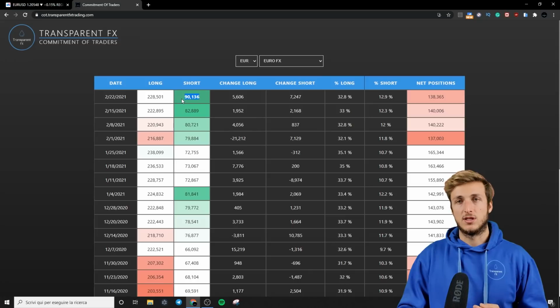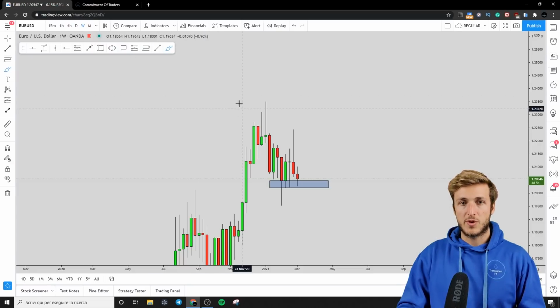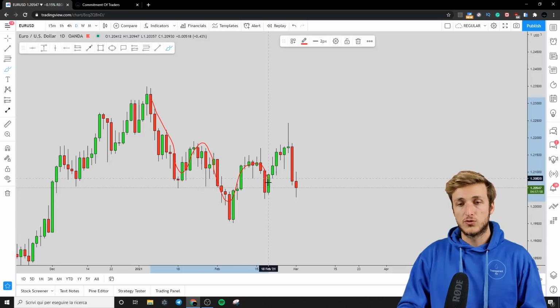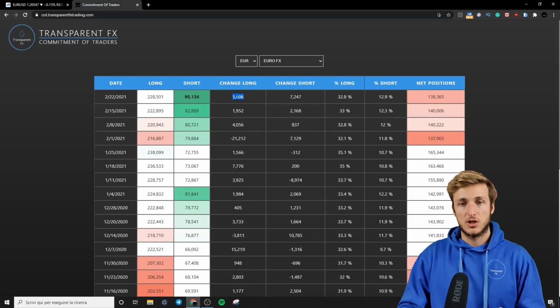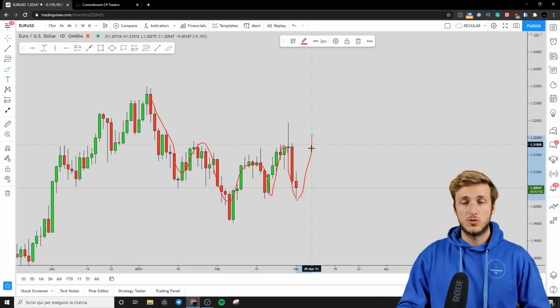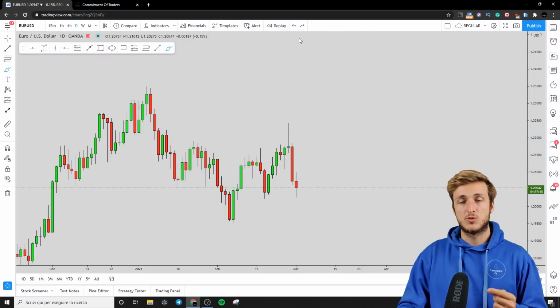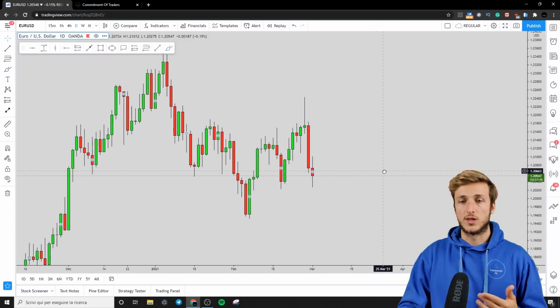So there is definitely still the possibility to see more continuation to the upside, considering that we are still seeing longing. So even though the market overall is clearly creating a move to the downside, during this move to the downside, we are still seeing longs that are continuously getting added, which means that the continuation to the upside should start quite soon.